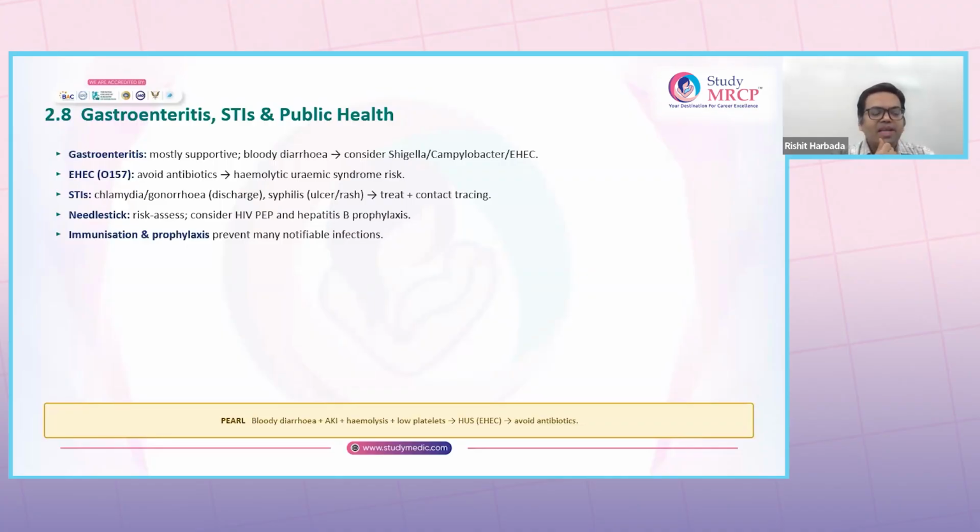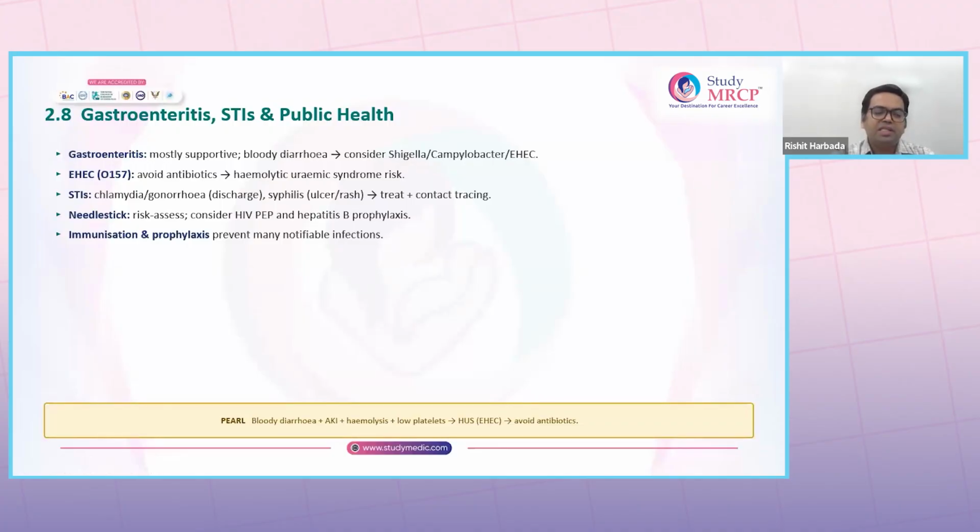So if the patient has enterohemorrhagic E. coli, you are going to avoid antibiotics and you are only going to treat it as a hemolytic uremic syndrome. And if the patient has bloody diarrhea, again, only supportive, and think about Shigella after eggs, Campylobacter after poultry, and EHEC after beef. Okay, which is really important.